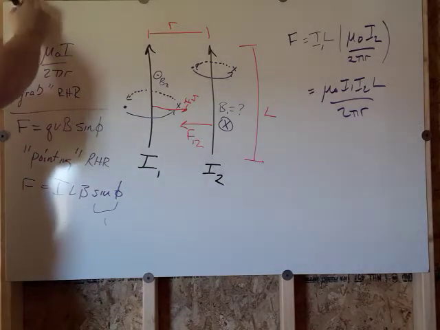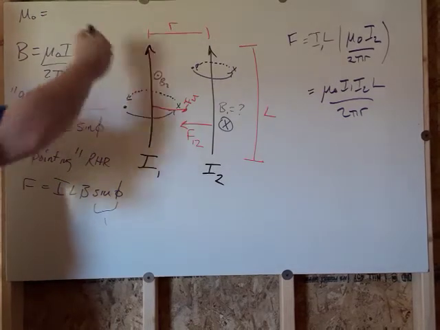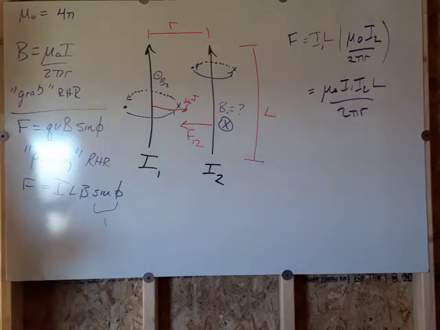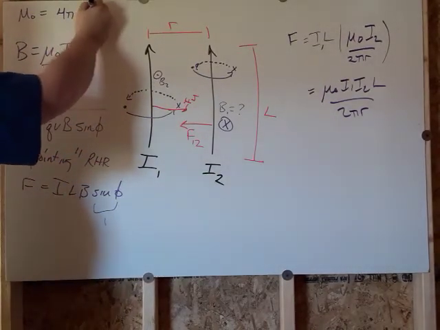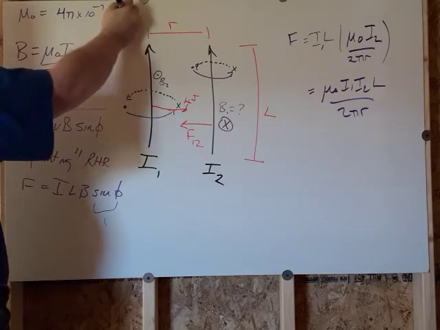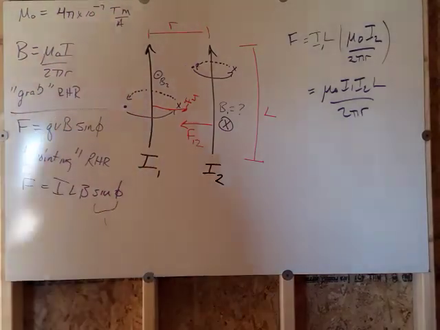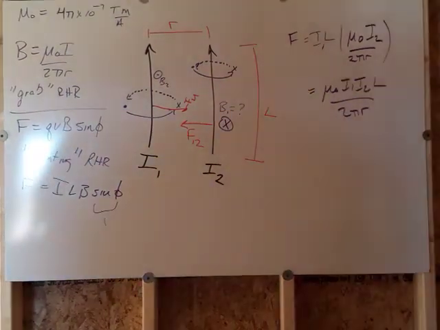So mu naught is a number, and by convention it is exactly 4 pi times 10 to the minus 7 Tesla meter per amp. Right. And that's one thing, that it sets the units appropriately.